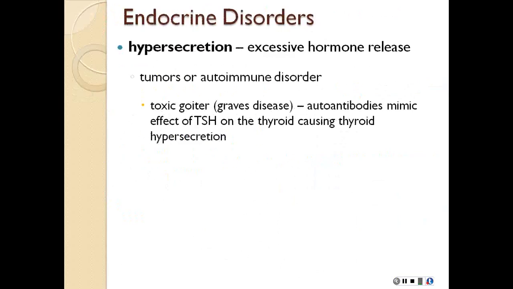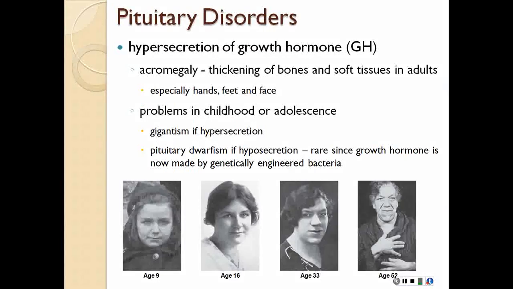Okay, and then there are a couple of pituitary disorders here. So you can imagine what growth hormone is supposed to do. Growth hormone causes the body tissues to what? Grow.